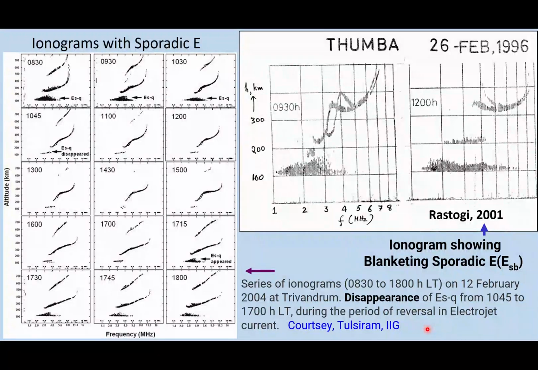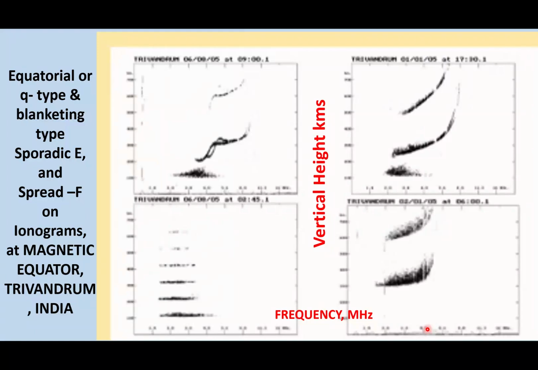Now, this also shows in a bit more detail the Q type of blanketing sporadic E. The Q type of sporadic E in this ionogram, and this also is Q type of sporadic E. And this is the blanketing, very, very strong blanketing type of irregularity, because of which the F region trace is completely absent in this.